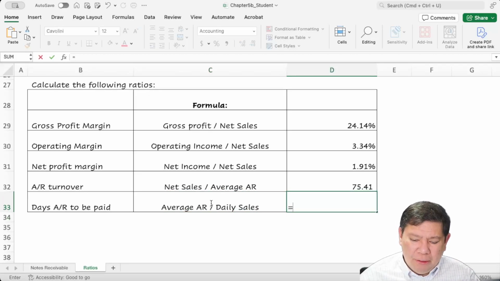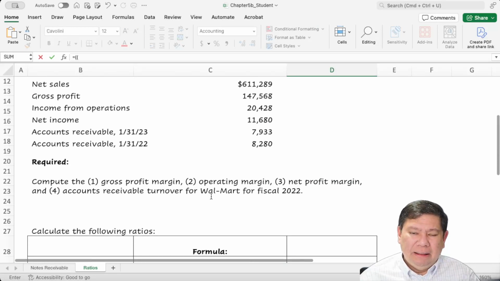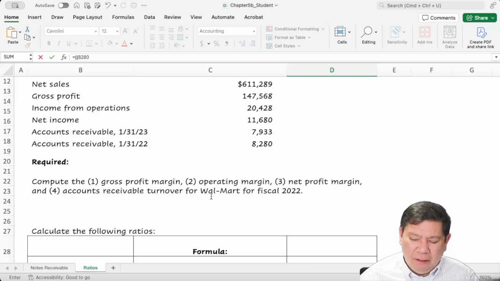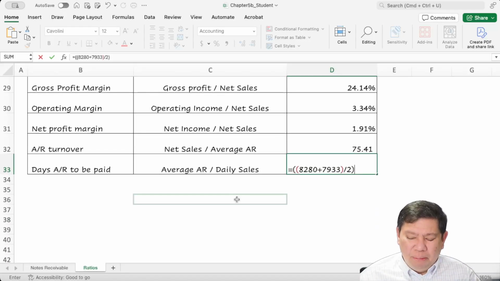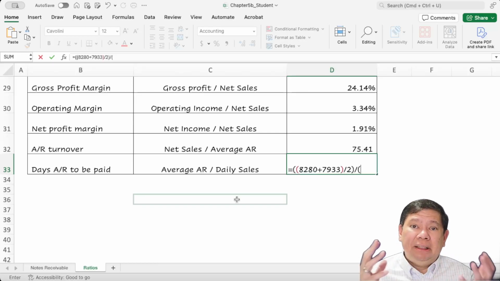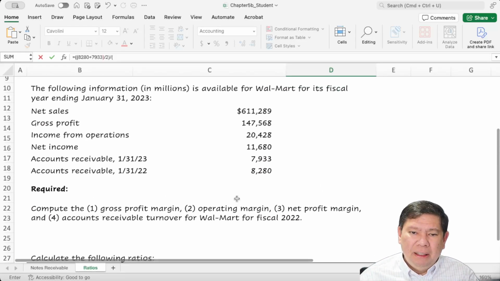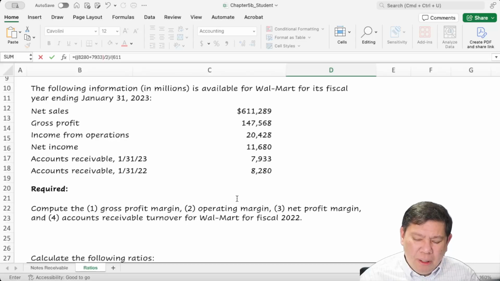So we are going to have bracket 8280 plus 7933 divided by 2. So that's the average accounts receivables divided by daily sales. That means total sales divided by 365. 611,289 divided by 365.